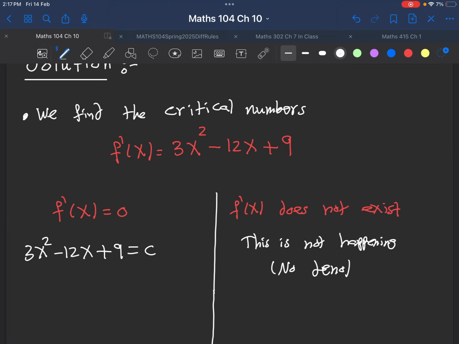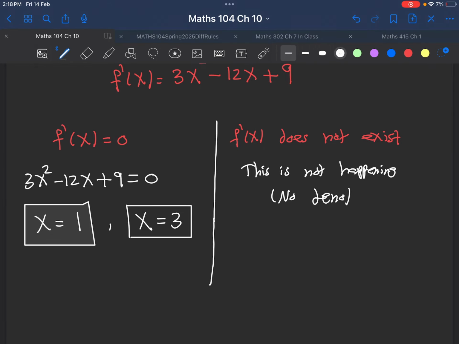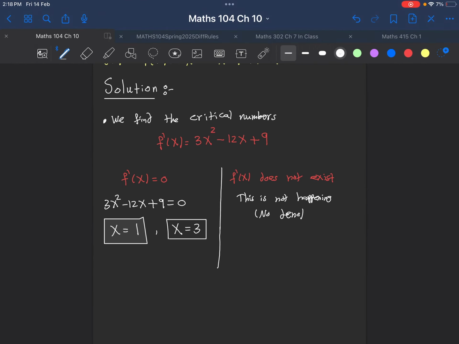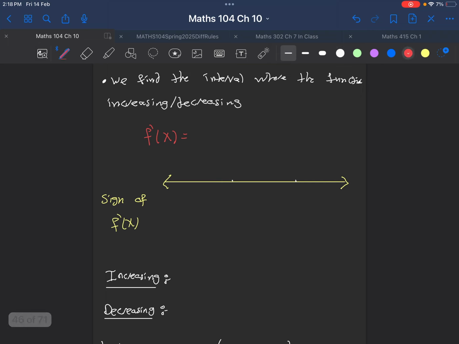Now we write the derivative equal to 0. Here we have two options. We get x equals 1 and x equals 3. Those are the two candidates for the critical numbers.